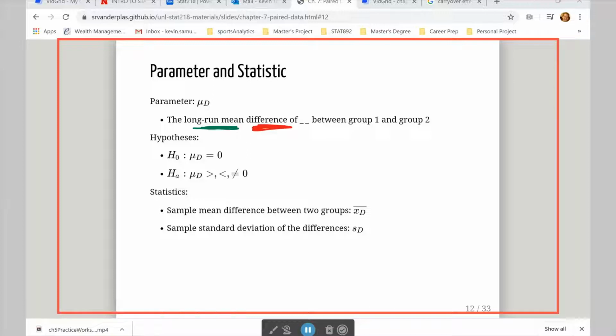That's because we're going to have a bunch of differences in our data, and we're going to average them up, making the mean of the differences. Since we're going to work over the long run, this is going to be the long run mean of the differences of blank, blank, blank.